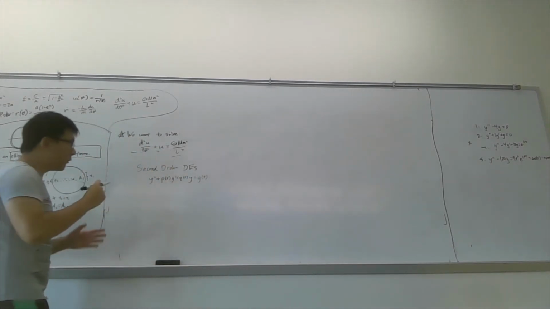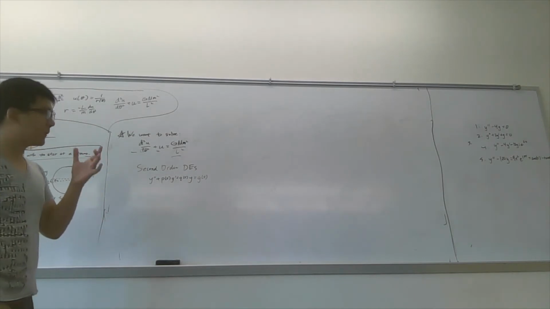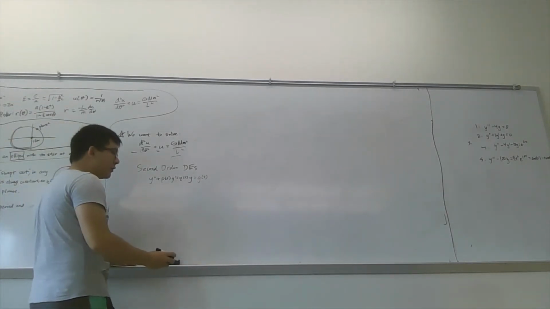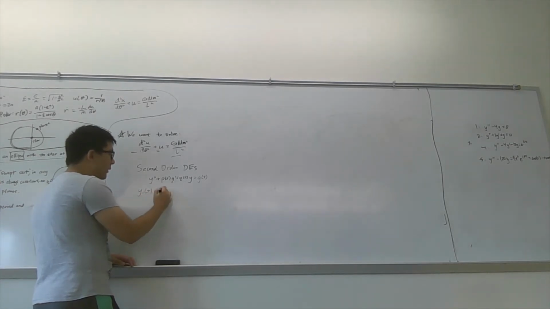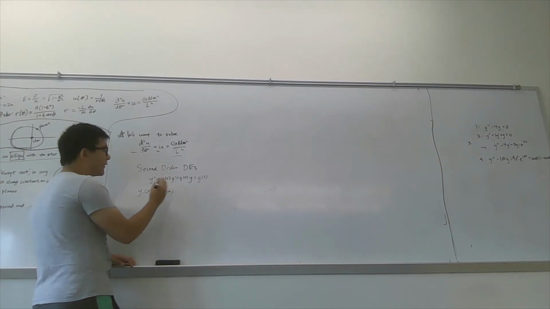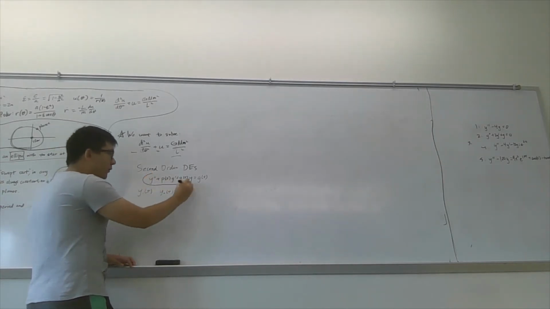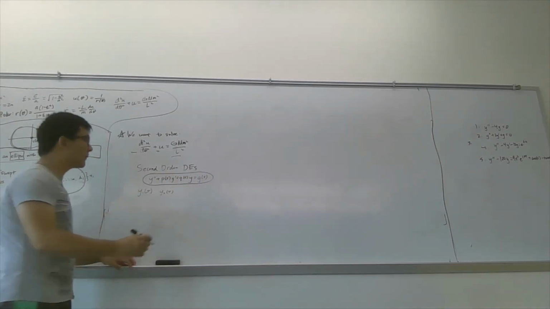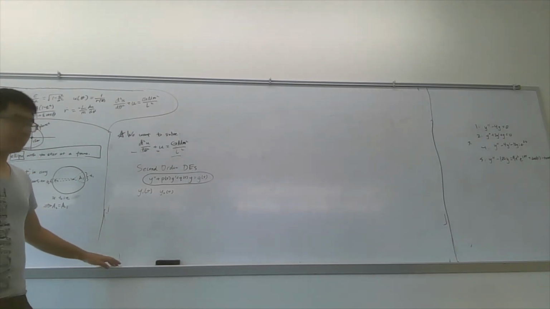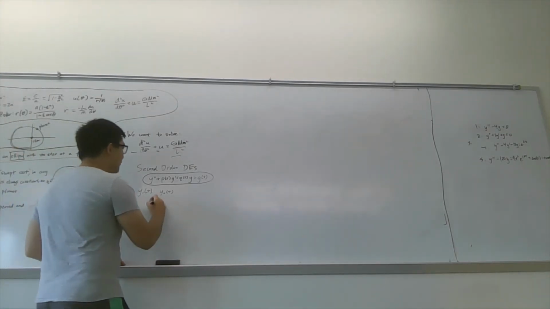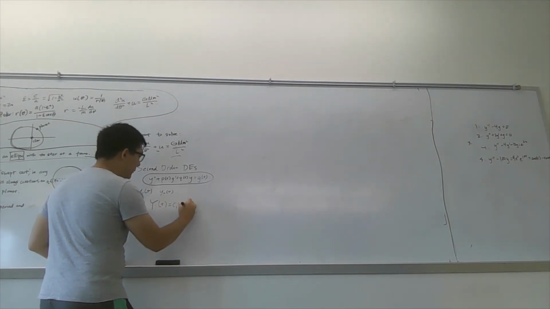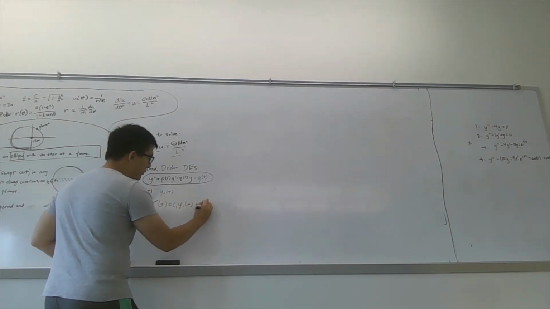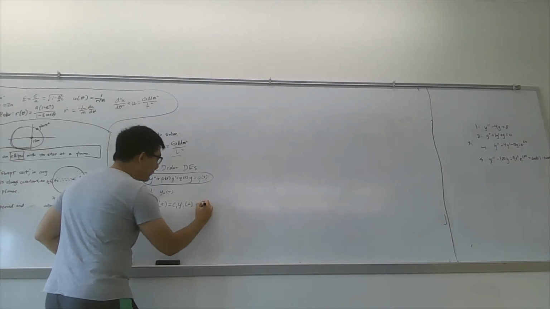So in general, if we have two functions, let's say y1 and y2, such that they satisfy a particular differential equation, then the general solution to this differential equation is just a linear combination of these two particular solutions.